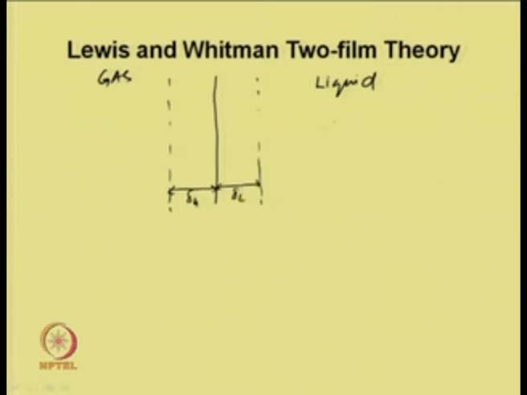So, according to this Lewis and Whitman two film theory, we can see that there is a liquid side film and this is gas side film. This is a delta G and this is a delta L liquid film, and this is the molecular flux.